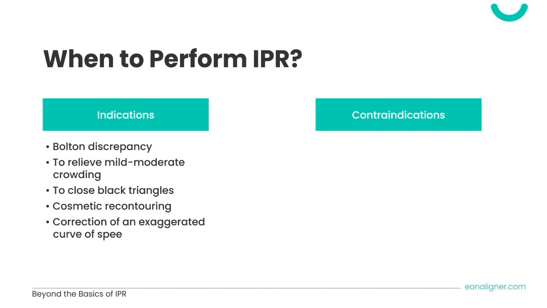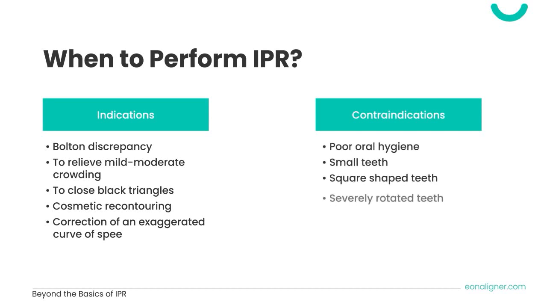Now, about its contraindications. It's better avoided in patients with poor oral hygiene. Although IPR doesn't increase the risk of caries, performing it in poor oral hygiene conditions could potentially increase the risk of developing new lesions. Also small teeth, square-shaped teeth, and severely rotated teeth.